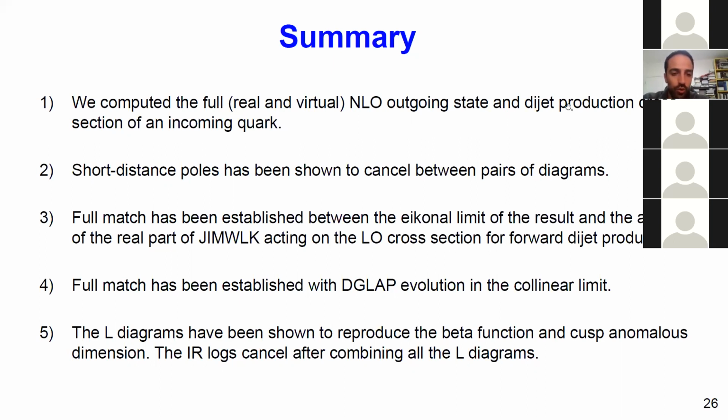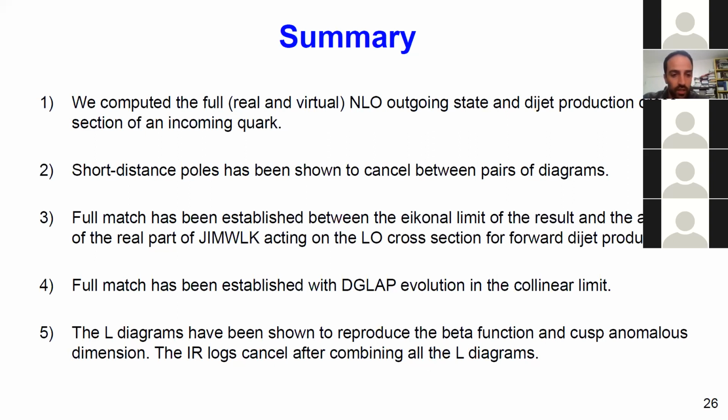We managed to show that the result that we found in the eikonal limit is reproducing the action of B-JIMWLK on the leading order result that Cyril found. And we managed also to get a full match with DGLAP evolution in the collinear limit.